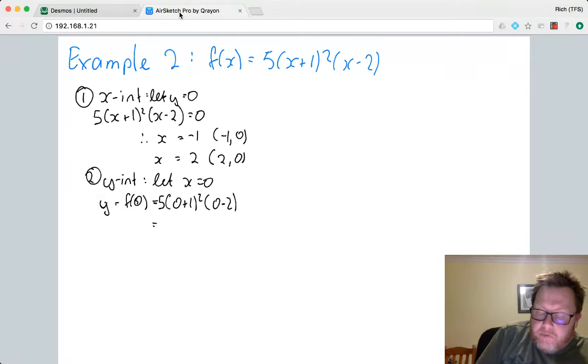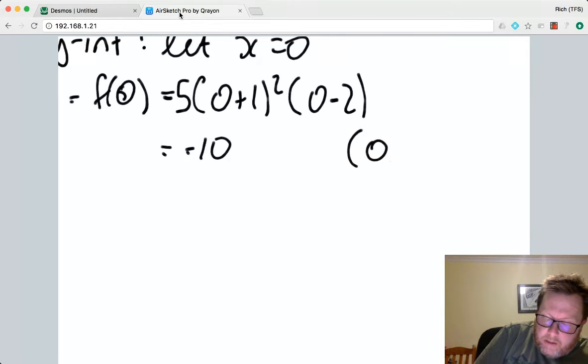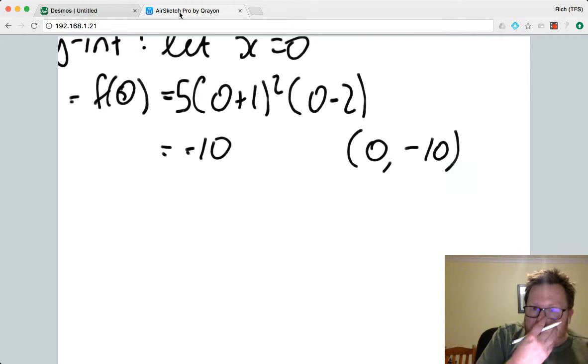In this case, it makes no difference, but 1 squared is 1, 5 times 1 is 5. 5 times minus 2 is negative 10. So we end up with negative 10 being the solution here, and I'll put over to the side the coordinates, which is when x equals 0, y equals negative 10.